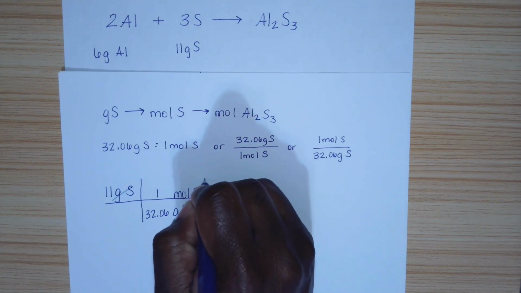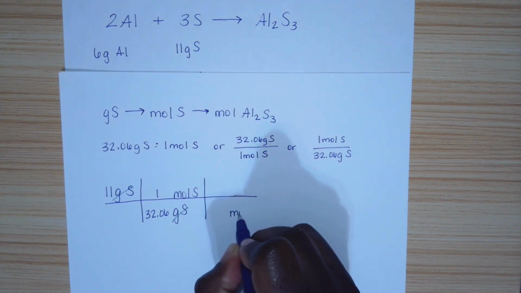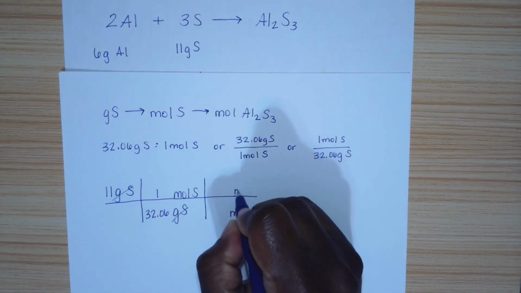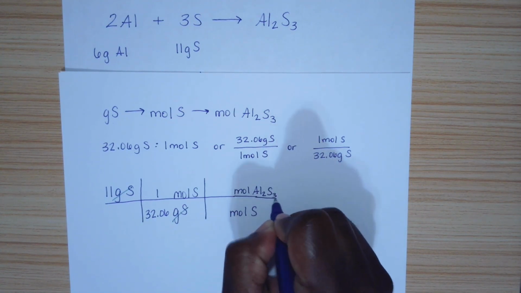We want to figure out how much product is formed. So we're going to get rid of the moles of sulfur because what we're really interested in is how many moles of aluminum sulfide would actually form.